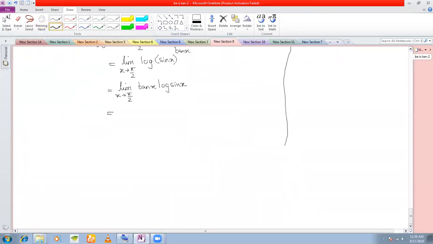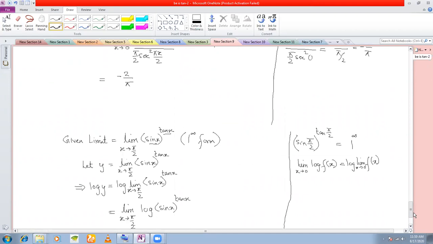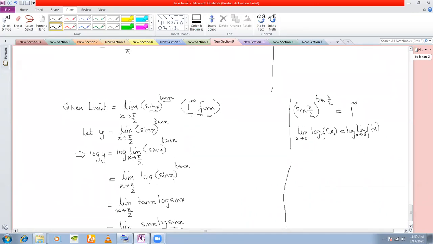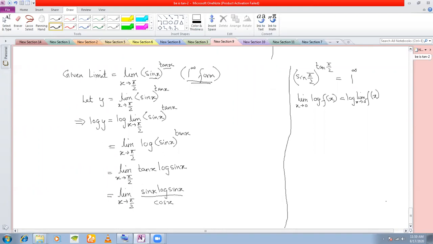Now you can change tan to sin by cos. You can write this as sin x log sin x by cos x. See, why am I doing all this? Because I see that it is a 1 to the power of infinity form. But L'Hospital rule will work only for infinity by infinity or 0 by 0 form. We are trying to bring it to either an infinity by infinity or 0 by 0 form.